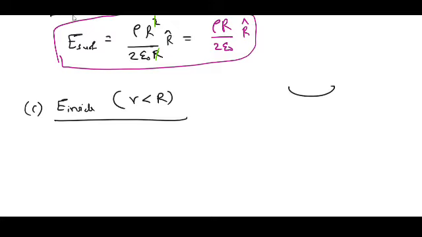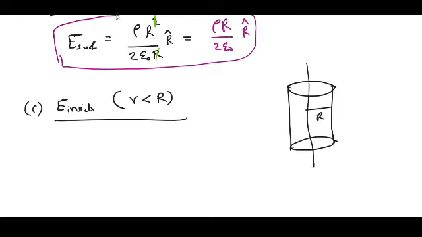That is, if this is our cylinder whose radius is capital R, then the Gaussian surface should be inside. This is small r, which means this r is less than R.